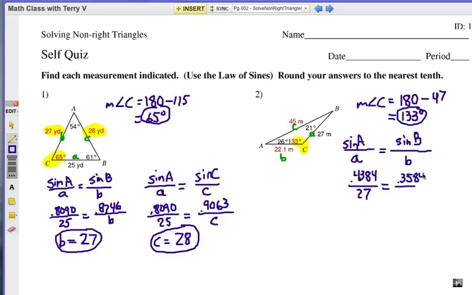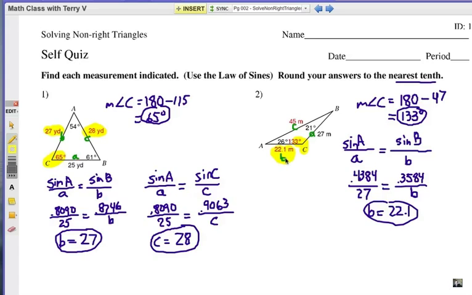And then I'm looking for the length of the side we labeled B. All right, cross multiply. And B would be about 22.1. Remember it asks for answers to the nearest tenth in most cases. Okay, 22.1.